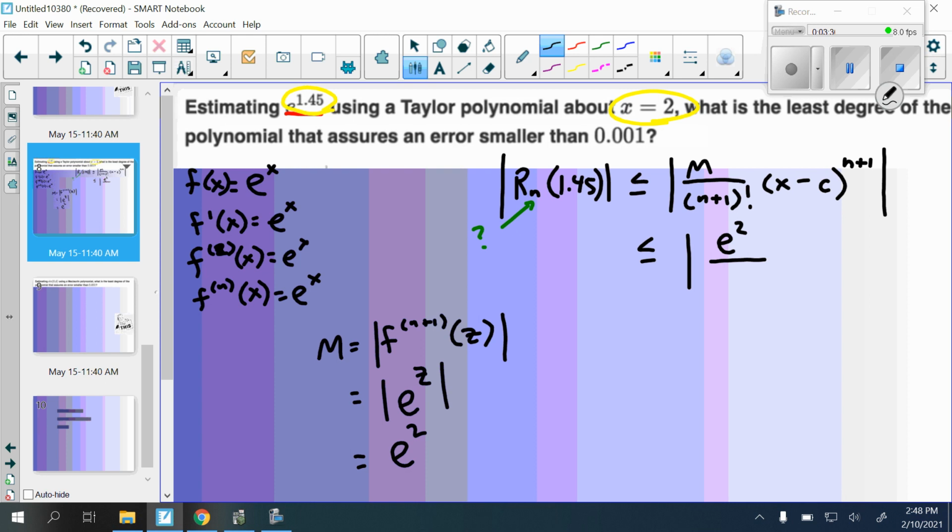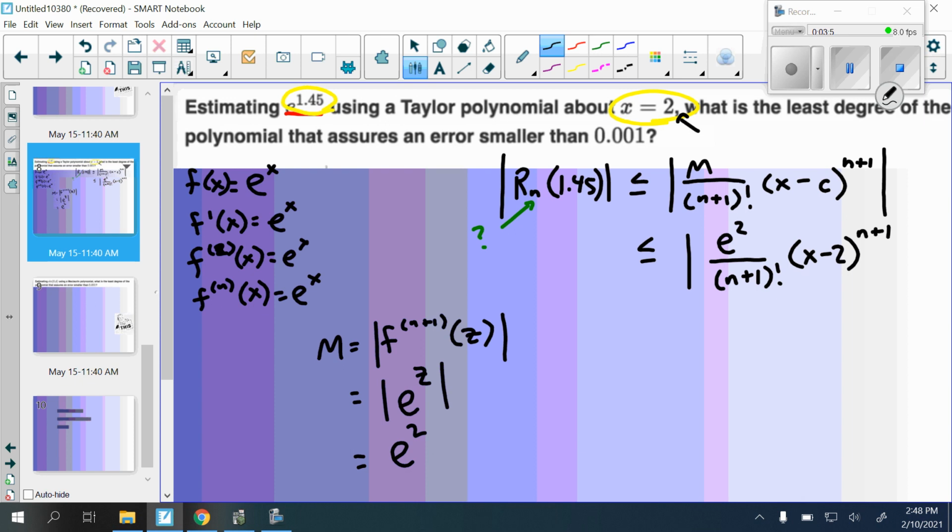We don't know what n is. This is different from other problems. So we're going to leave this for now as n plus 1 factorial. We do know what our value is here. We're centering it around 2. So this is going to be x minus 2. And again, we don't know what n is here, so n plus 1 power.